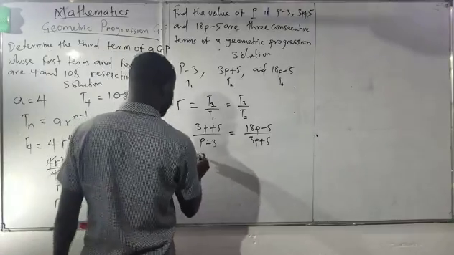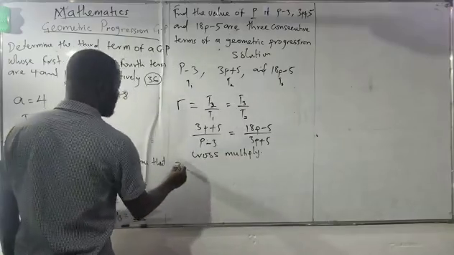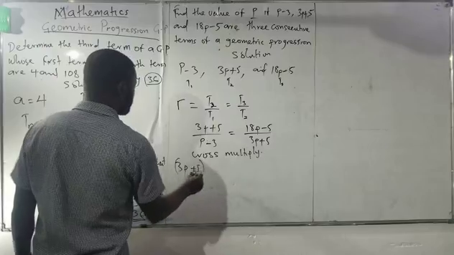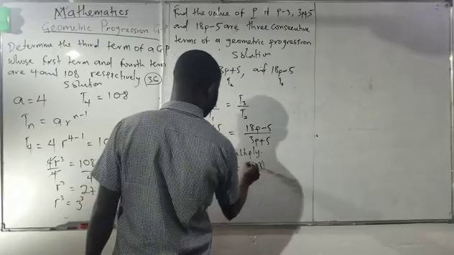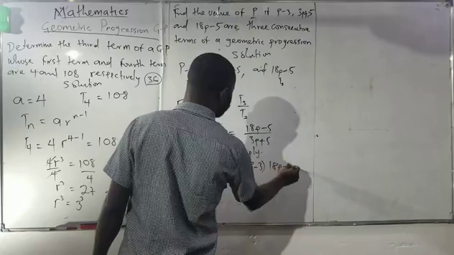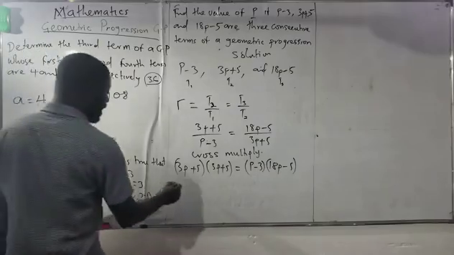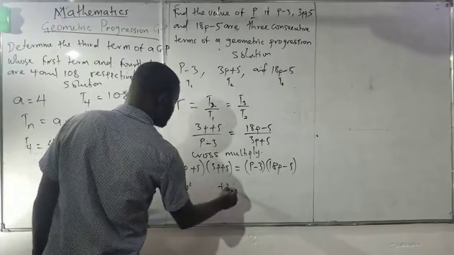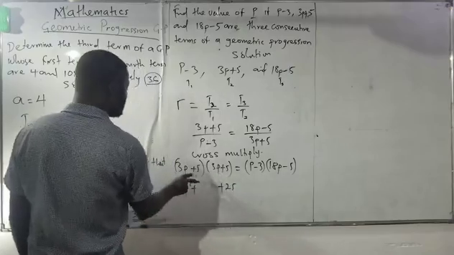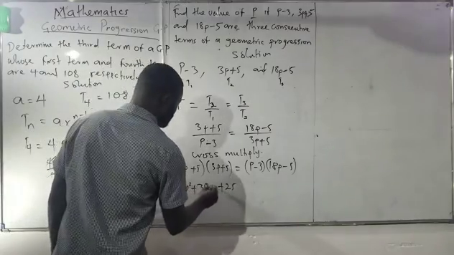When I cross multiply, you can see that 3p plus 5 times 3p plus 5 equals p minus 3 times 18p minus 5. Now, I just cross multiply. The next thing I need to do, I have 9p squared, plus 25, and this and that will be 15, and 15 will be 30p.